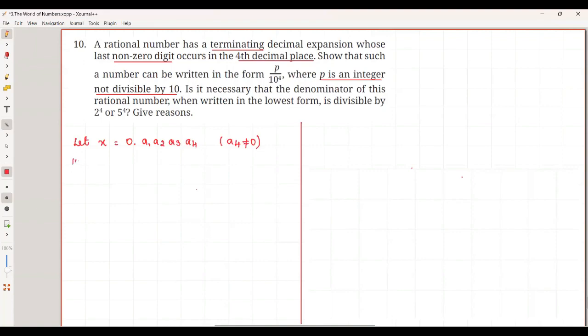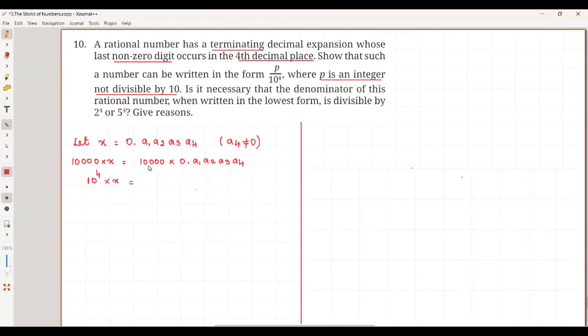So I'm multiplying both sides by 10,000, which can be written as 10 to the power 4, into x.